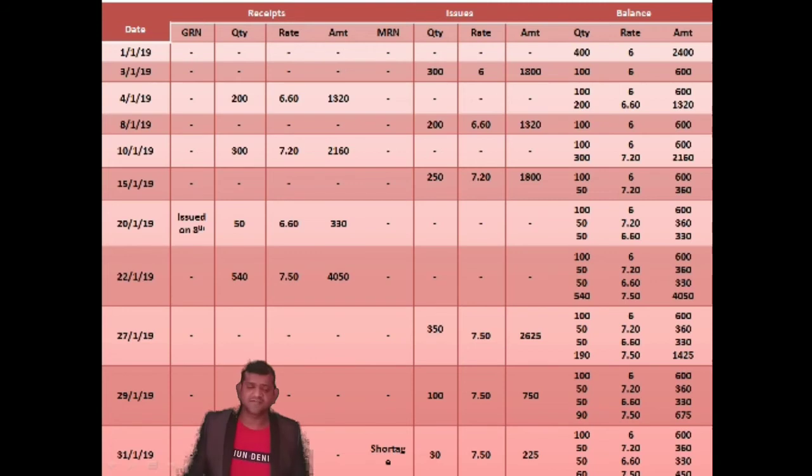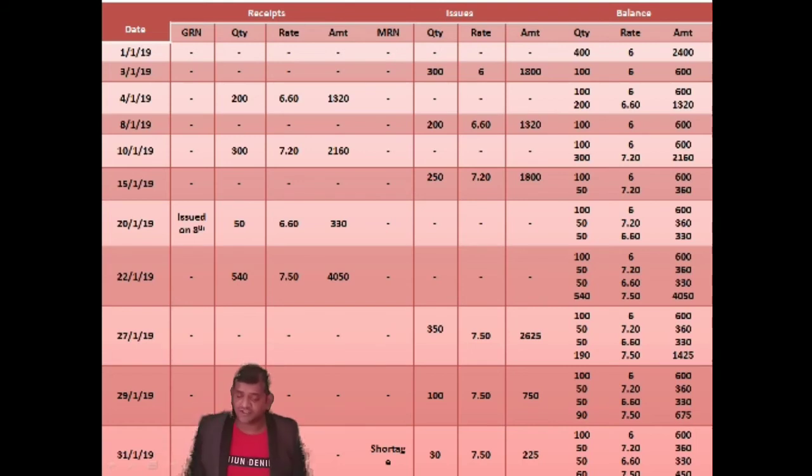So on 31st January 2019, receipt side, GRN nil, quantity nil, rate nil, and amount also nil. Why? Because there were no receipts and no issues. But you might wonder why we are calculating for 31st January. On the month end, there was a stock verification held, and in that there is a shortage of 30 units.